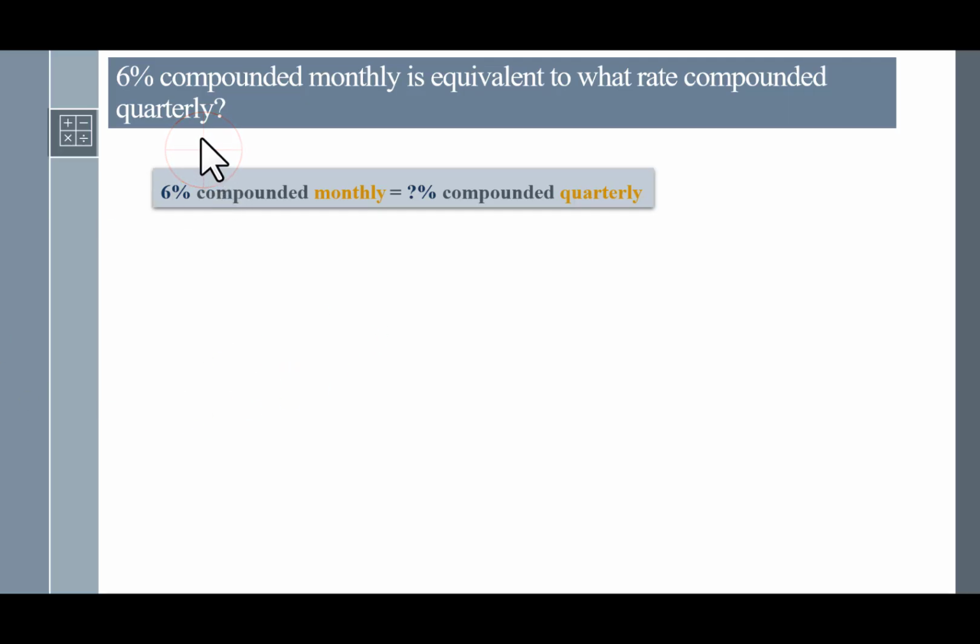6% compounded monthly is equivalent to what rate compounded quarterly? So we have monthly, we're going to look at quarterly. To find this, we're going to take the 6% compounded monthly, find the effective interest rate of that, change the compounding period or compounding frequency, and find the nominal of that effective interest rate.